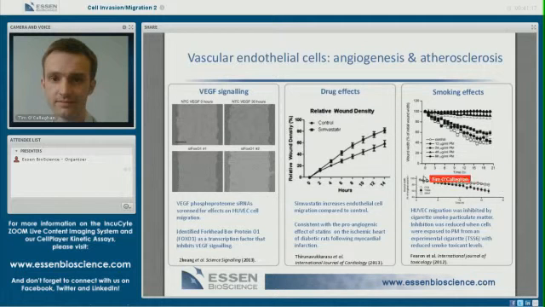These data are shown in the bottom panel here, with the experimental cigarette in the dark symbols and the reference cigarettes in the open symbols. On the left-hand side, we've got measurement of wound width, and we can see that wound closure is fastest for the experimental cigarette with reduced smoke toxicant levels.